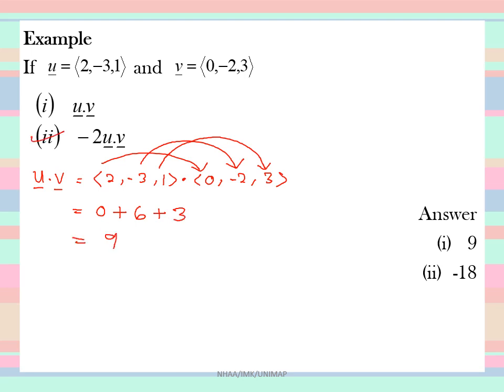For number 2, it is minus 2 times vector u dot vector v.